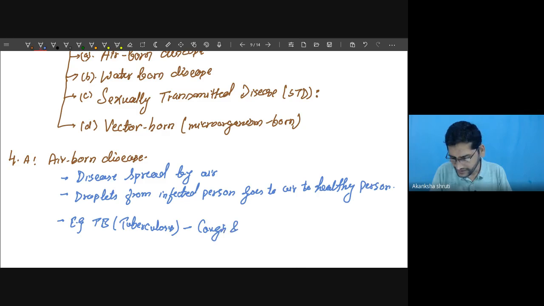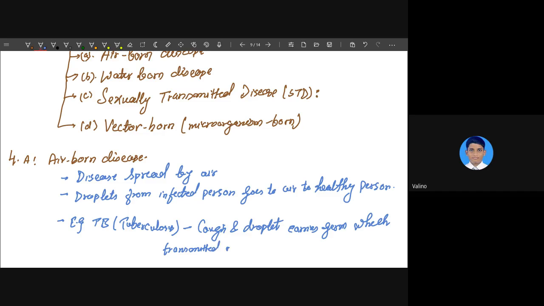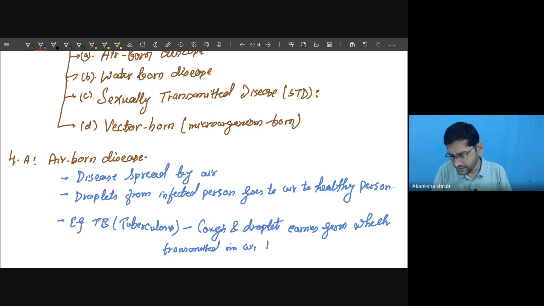So cough and droplet during sneezing. So this carries the infectious germs. So that carries germ which moves to, which transmitted in air to healthy person.